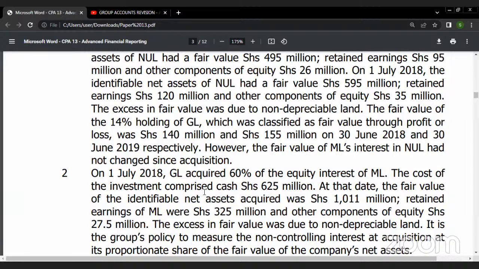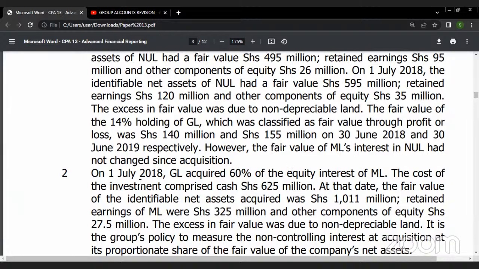It is on 1st July 2018 that ML also becomes a subsidiary of GL. But remember, ML already has a subsidiary, which is NUL. So GL is acquiring ML 1 year after its 14% acquisition in NUL.